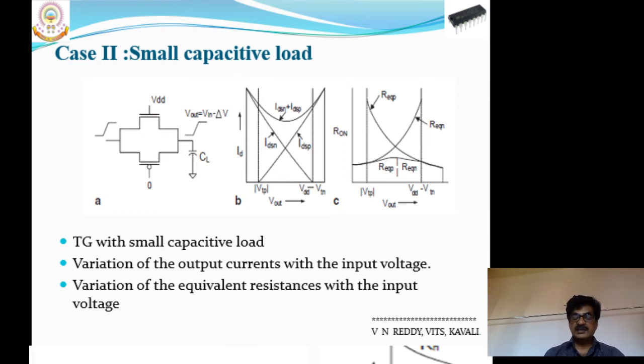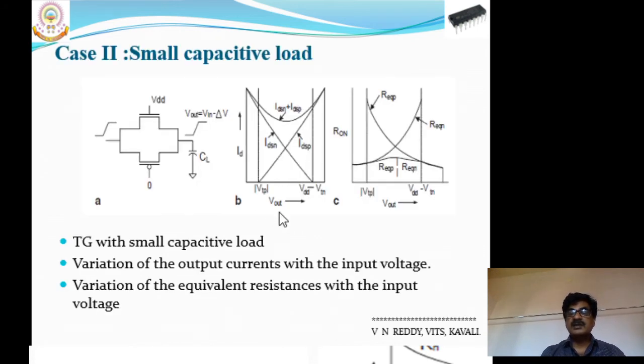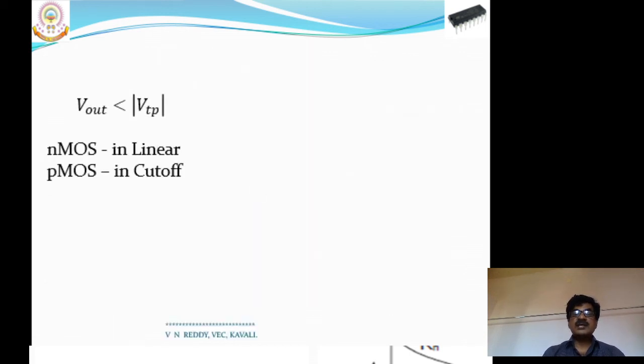Let us take the cases. Suppose the output value is less than VTP, that is the first diagram. Observe here, if the output is less than VTP, the NMOS transistor operates in the linear region, whereas the PMOS transistor is in cutoff.